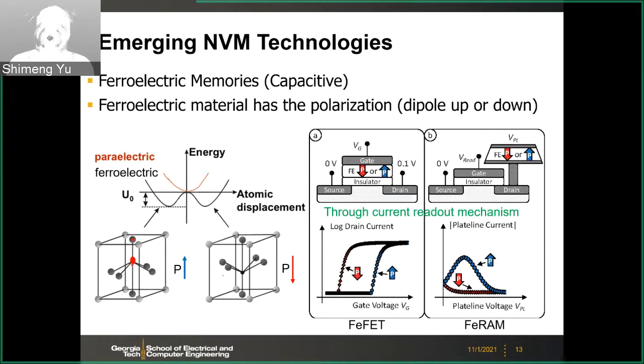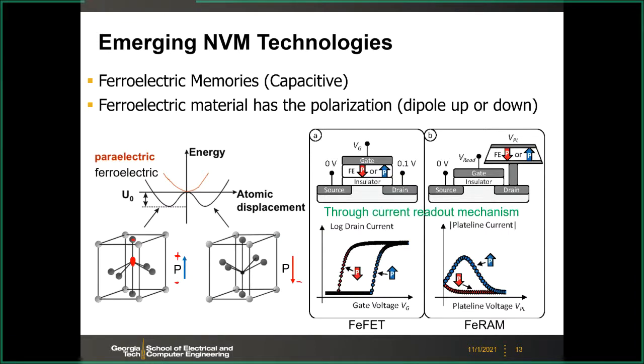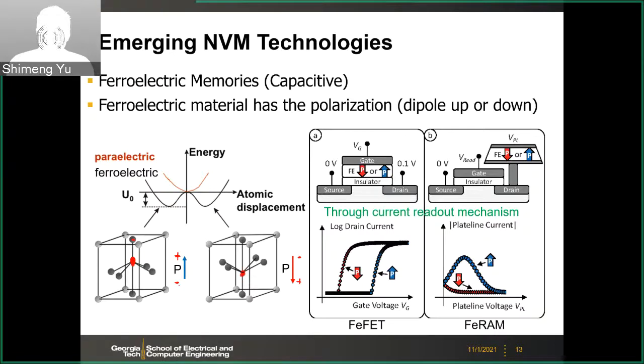And then here, depending on the location of this atom, it can give you a dipole. The built-in dipole. Dipole means a pair of positive charge and negative charge. This means dipole.